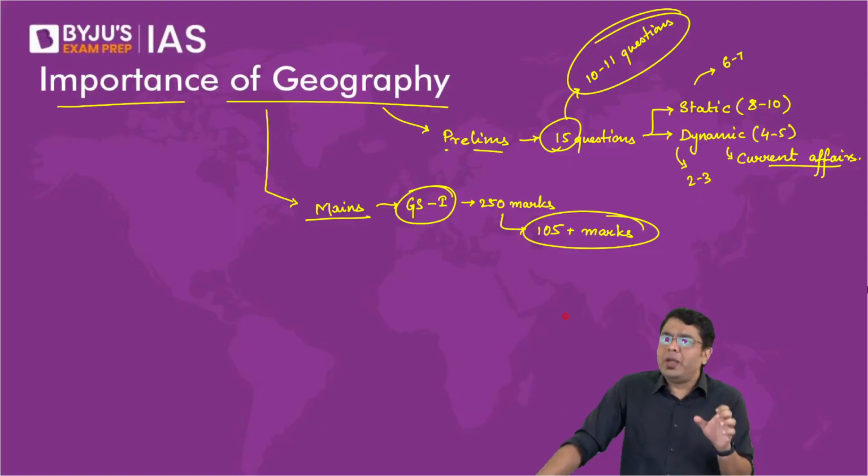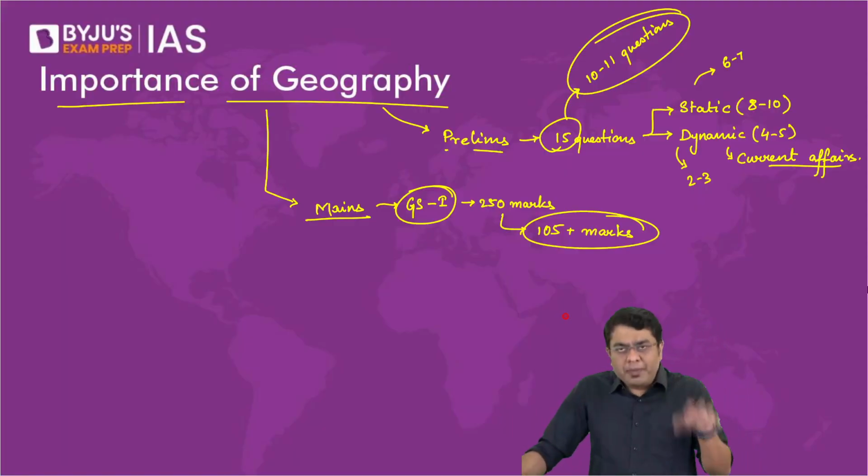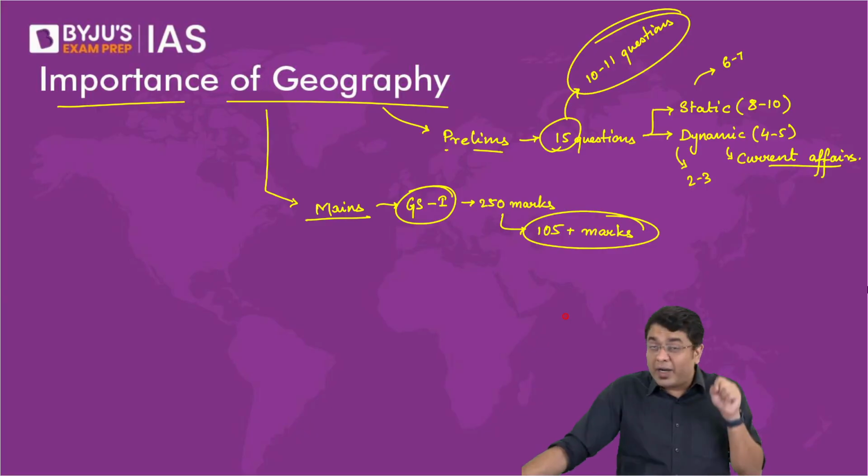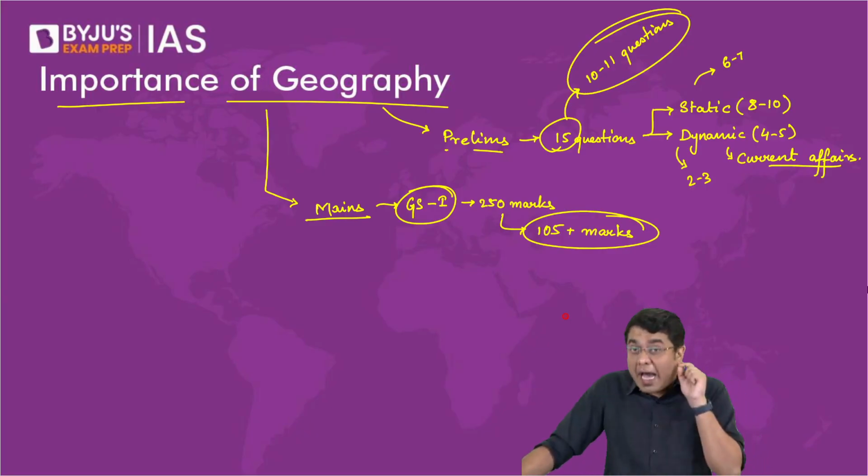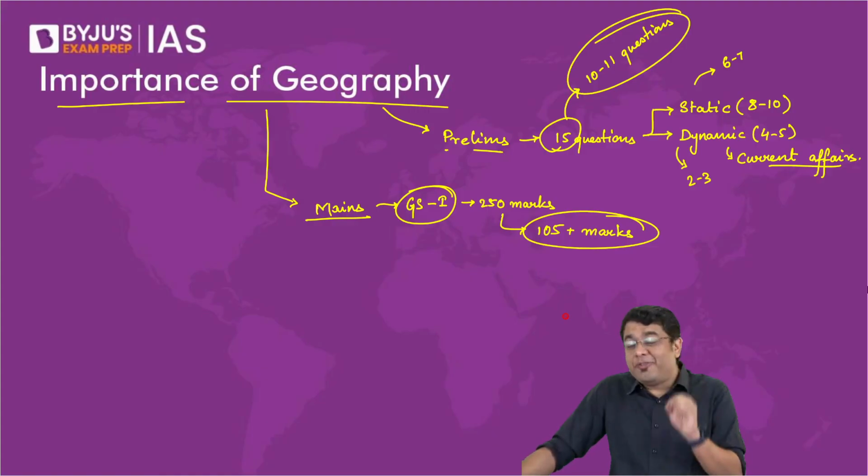And eventually, from the PPTs, from the preparation that we are going to address along with current affairs, out of this 105 marks, let me tell you, around 85 to 90 marks is something that you can easily approach.